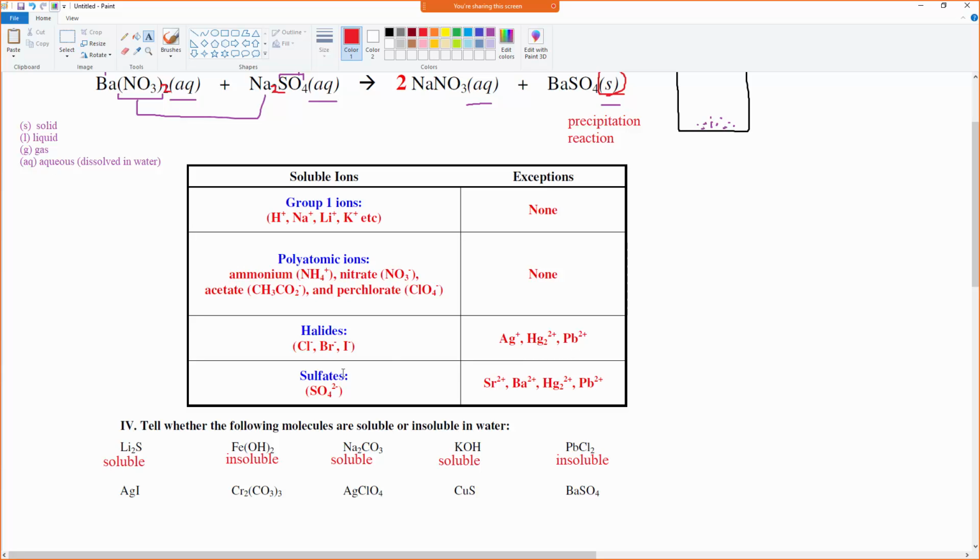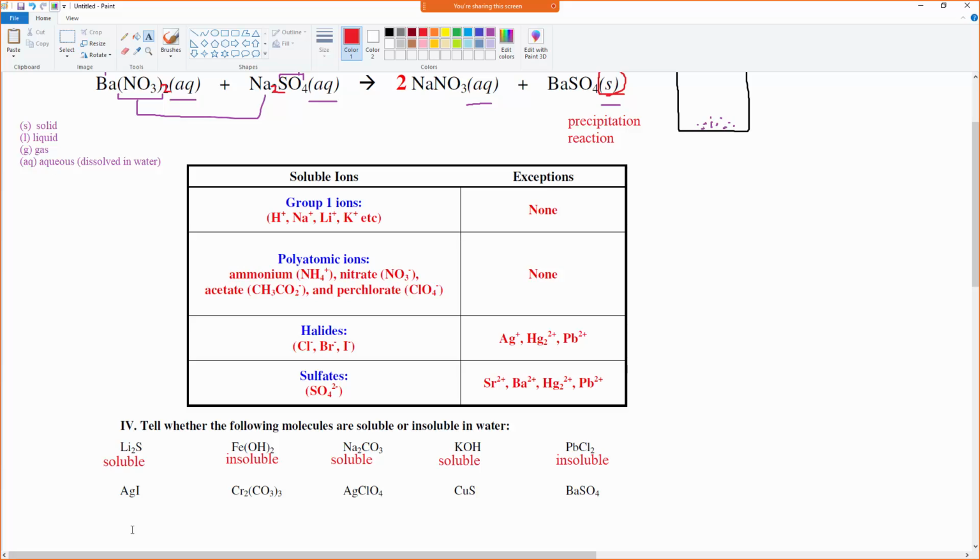All right, hang on. Zach wants to go back to Fe(OH)2. Why is this one insoluble again? Nothing's on the table, right? This is a list of all of the things that we can presume to be soluble. So if it's not on the table, then we assume it's not soluble.